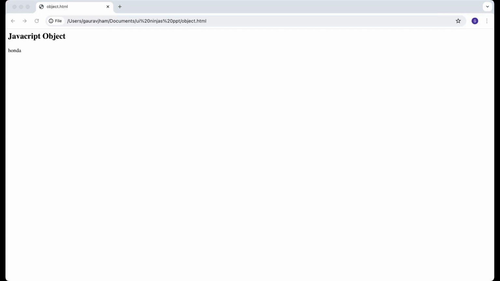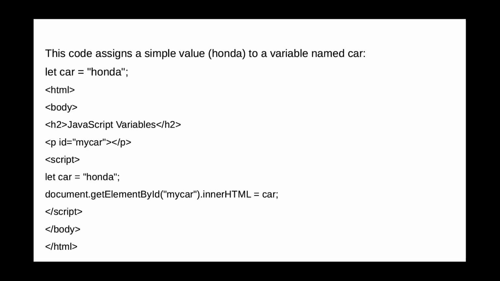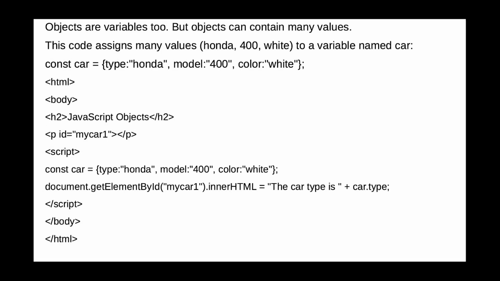So next, objects are variables, but objects can contain many values. In the last example we created a simple variable, but a variable contains one value at a time, while objects can contain many values.